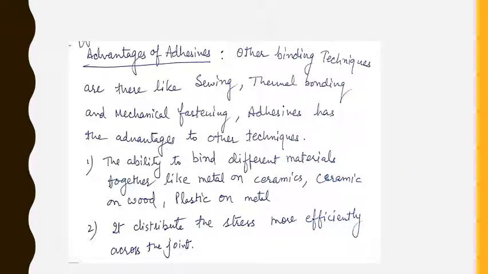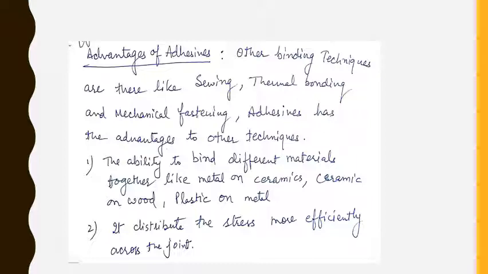There are some other techniques of binding. Besides them, adhesives are so important. Why? There are various advantages of adhesives. The other techniques can be sewing, thermal bonding, mechanical fastening. Adhesives have advantages over these techniques.